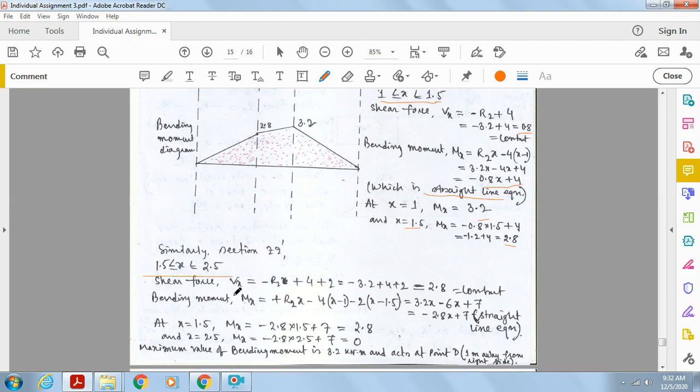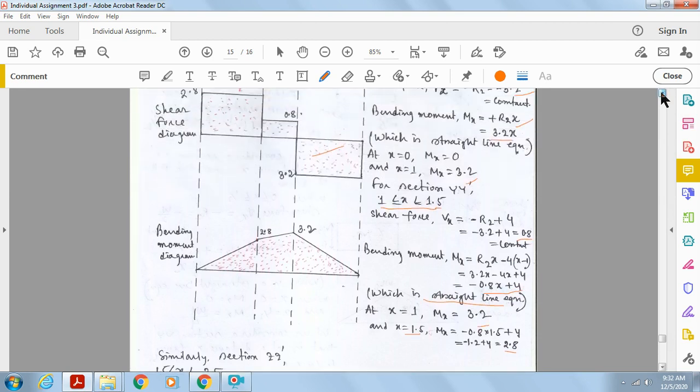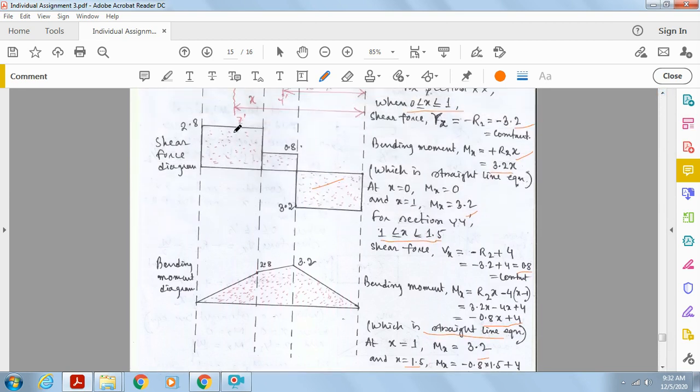So shear force will be Vx equal to minus R2 plus 4 plus 2, it is coming 2.8, it is a constant. So accordingly I have put the 2.8 value throughout the length from x equal to 1.5 to 2.5.